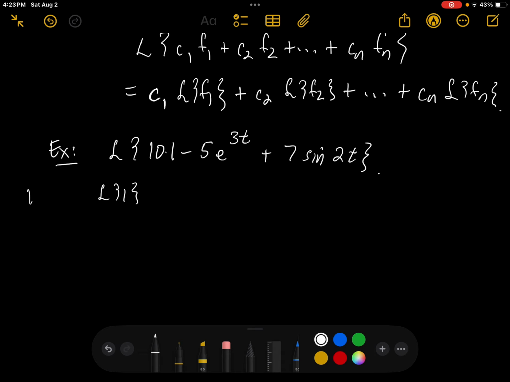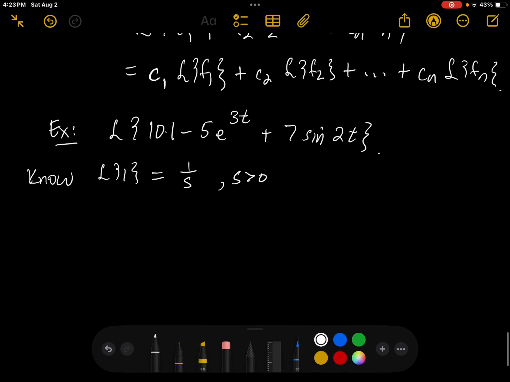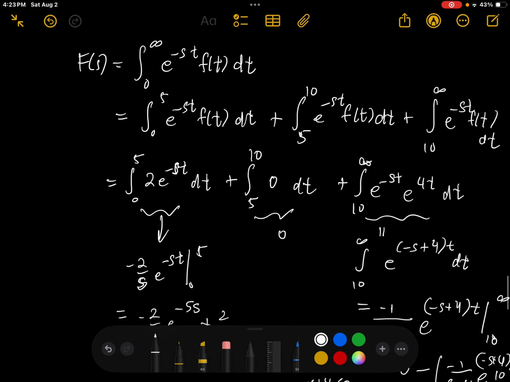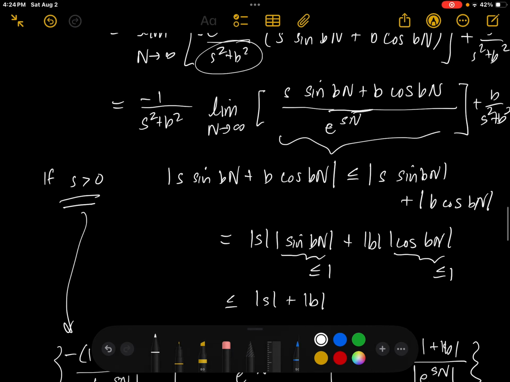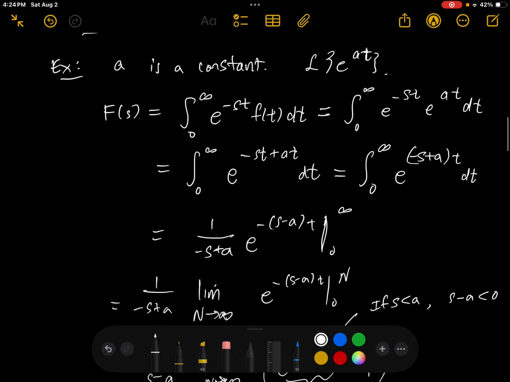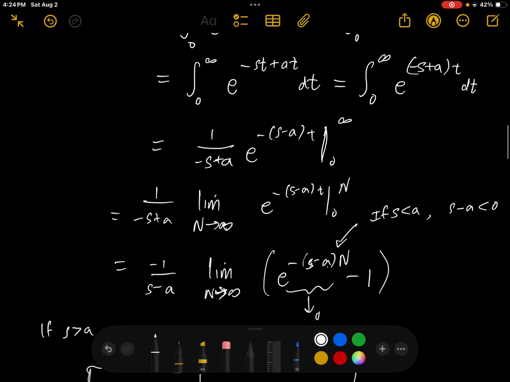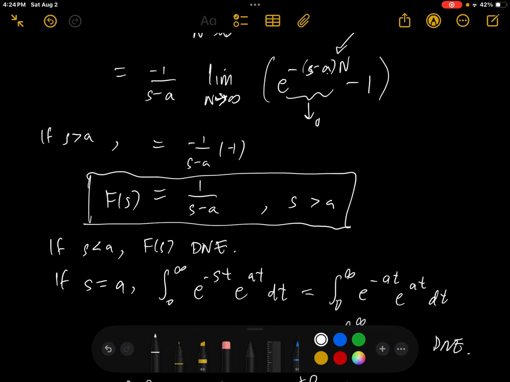So we know that the Laplace transform of 1 is 1 over s, where s is greater than 0. And we know that the Laplace transform of e to the 3t is 1 over s minus 3, where s is bigger than 3. We know that from the fact up here, that the Laplace transform of e to the at is 1 over s minus a, where s is bigger than a.